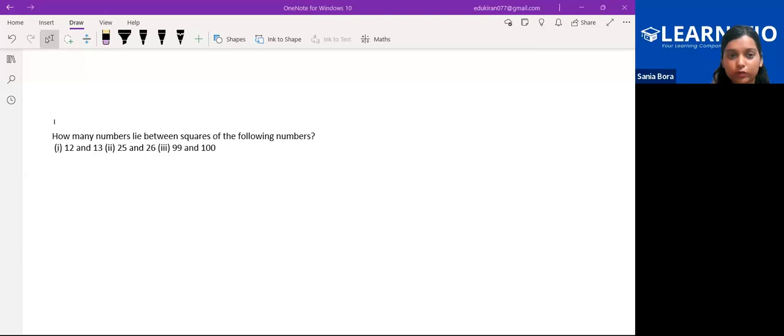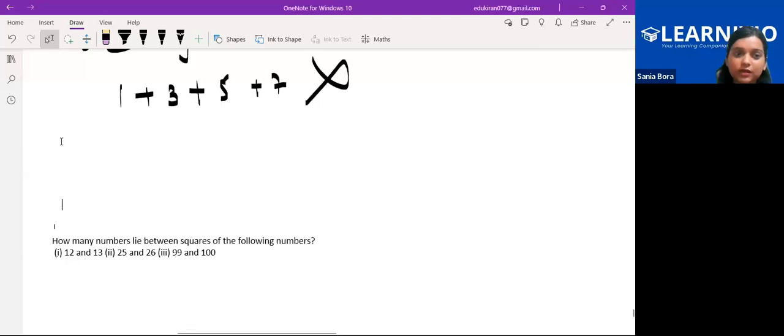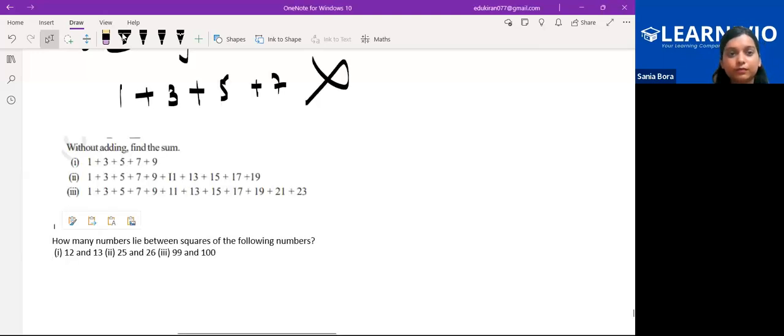You will do it on your own, with all your efforts. You don't have to add it. You have to only find the sum. Clear? Don't be smart and start adding 3, 4, 5, 6. No. Okay? Use your brain. I already taught you this.